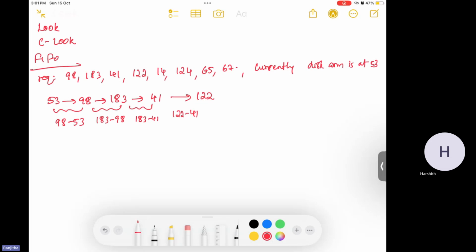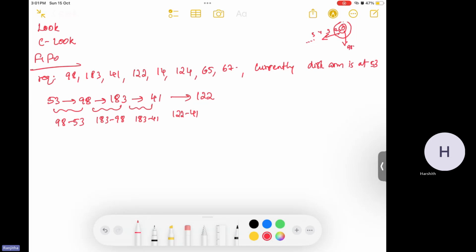So here it was moving towards the front from 53. Let's assume the inner ones are numbered smaller and the outer ones are numbered higher: 0, 1, 2, 3, 4, 5, etc. So from 53, the head has to come backwards and read 98.